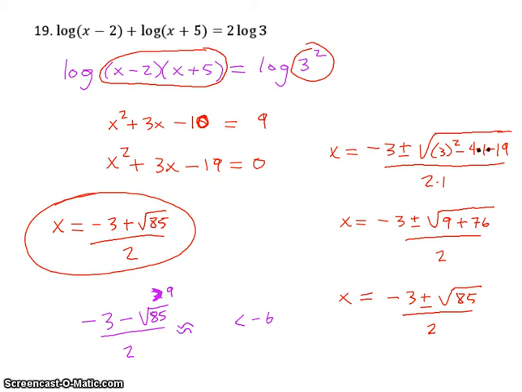So that whole numerator is approximately negative 12, and negative 12 divided by 2 gives us a number like negative 6 point something, less than negative 6. If we were to plug in a value less than negative 6, even negative 6 itself, we would get, up top here, a log base 10 of a negative number, which just won't work. So we can only use one of those solutions.